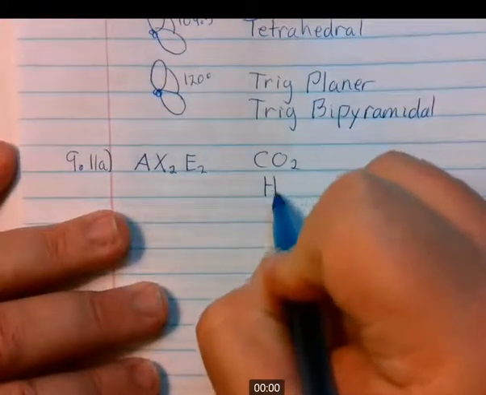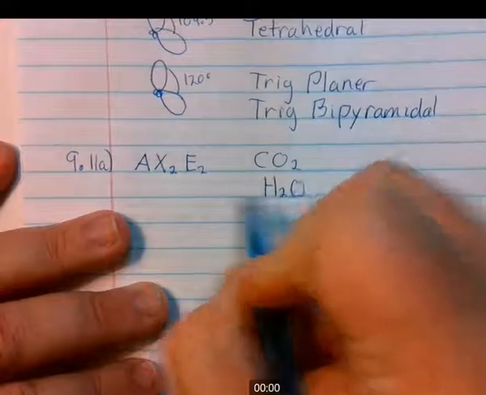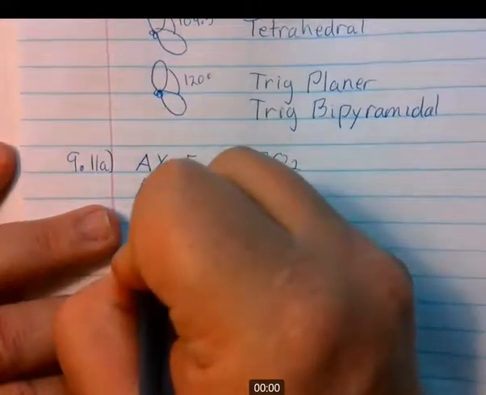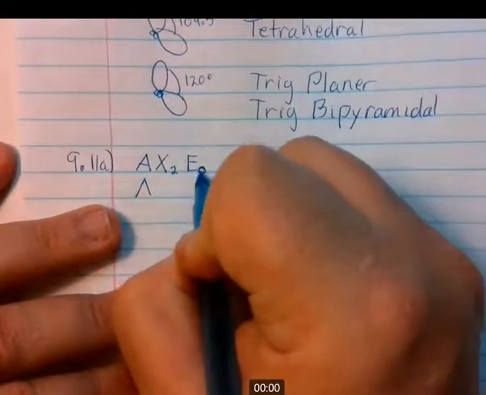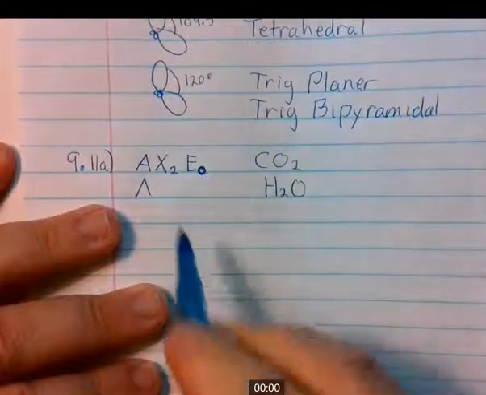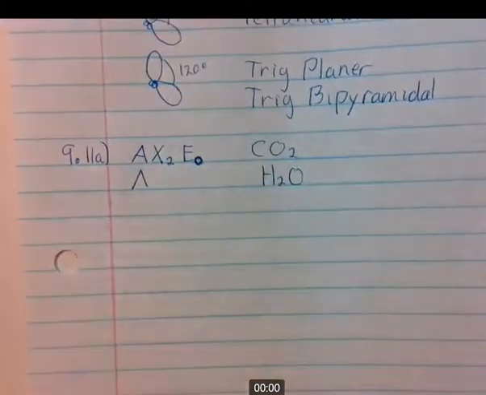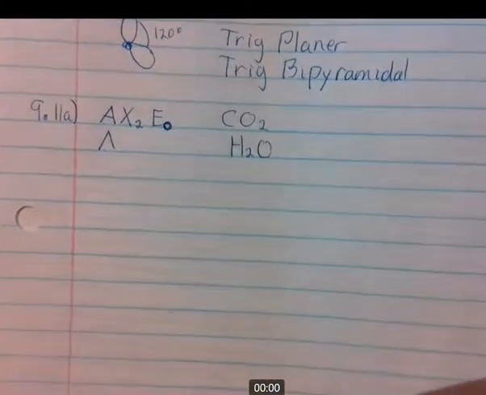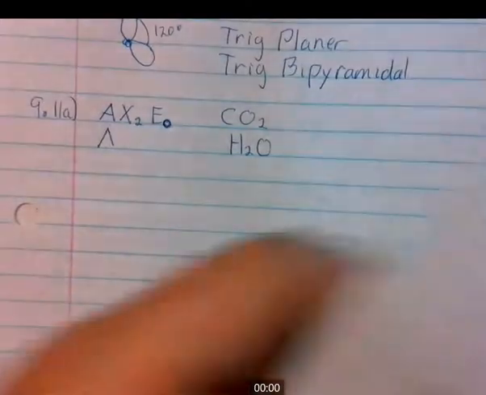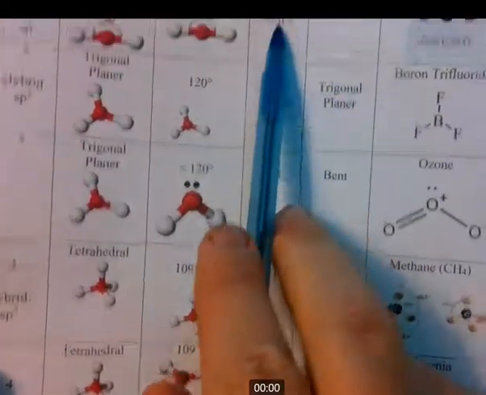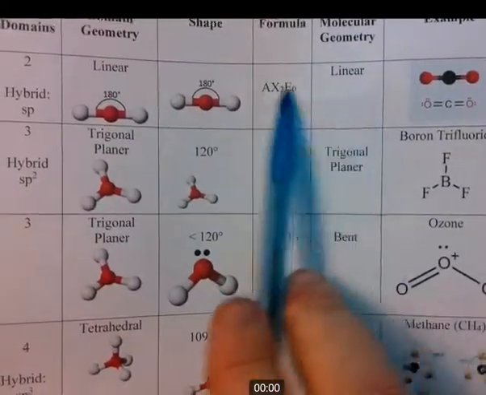For H2O, it would be A, and I take that back. I made a mistake there. That should be E0. Okay, there's no non-bonded pair. So let me get the sheet out and be sure you're clear on this. So right there, carbon dioxide is AX2E0. It's linear, and so that's carbon dioxide.